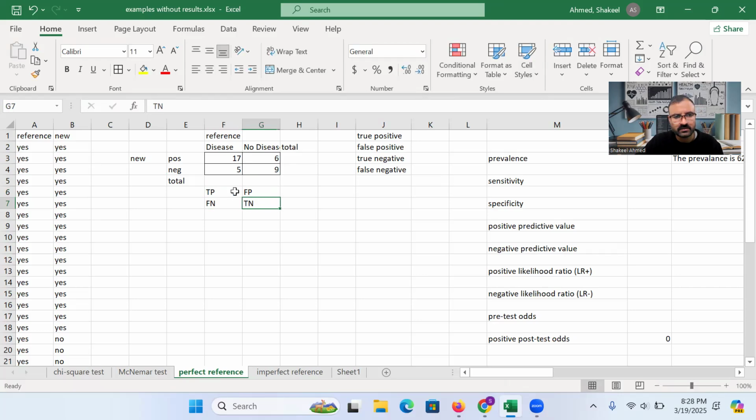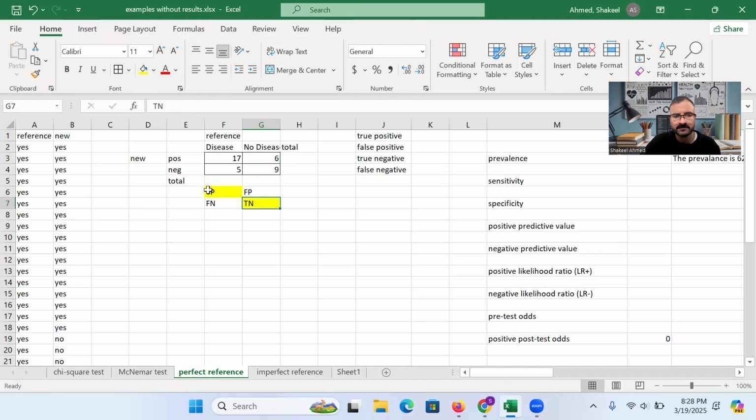So these two, we can just color. These two are the correct responses, as the individual has the disease and he or she is tested positive, or the individual does not have the disease and he or she is tested negative.